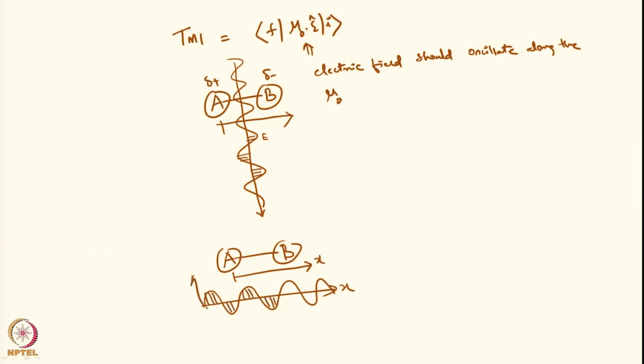So this is my z axis, then of course x dot z will be equal to 0. Therefore, the transitions will not take place. Okay. So it is not only that mu naught must be non-zero, but the electric field must be aligned along the permanent dipole moment to have the transitions. That is this TMI.